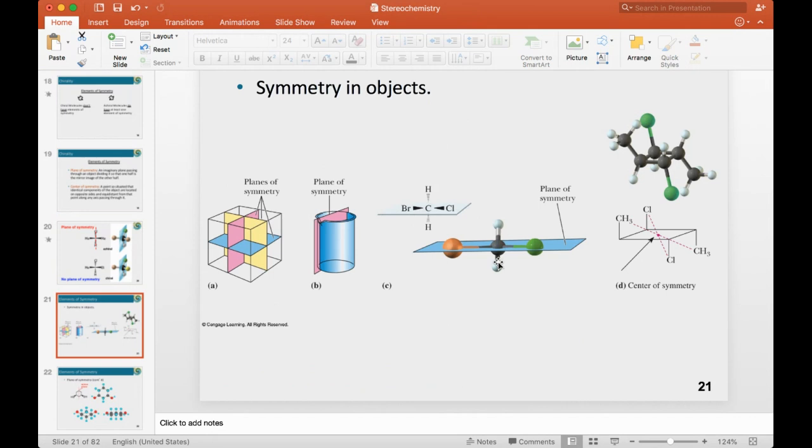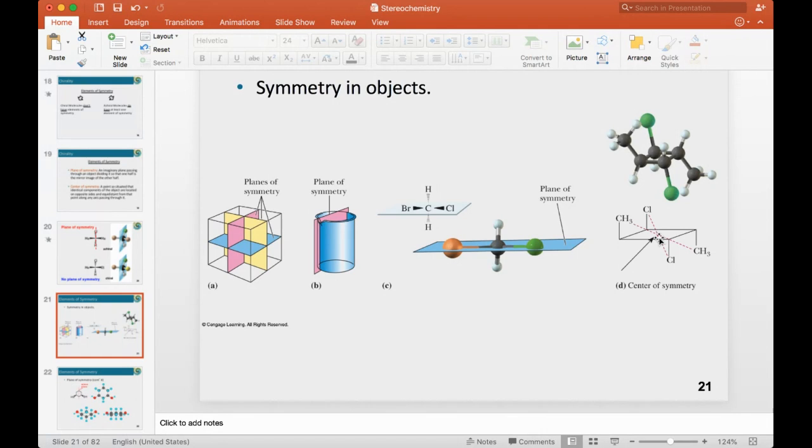So the second element of symmetry is a point of symmetry. A point of symmetry is a point from which you will find the same groups on opposite sides at the same distance. So this point here, which is in the center of the square, up, down, same groups, opposite sides, same distance.